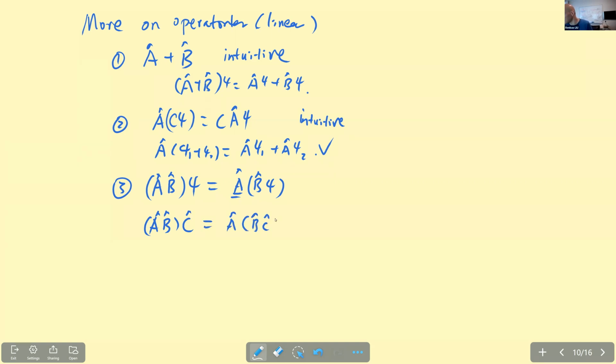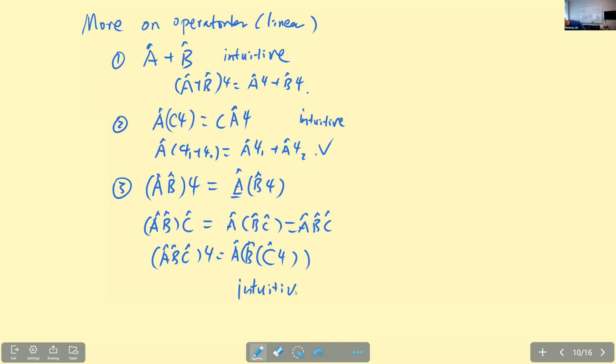So we simply write this as ABC, because you act on C first, and then B, and then A. So that means ABC acting on psi just equals you act with C first, then act with B later, and then act with A at the end. So this is also very intuitive.